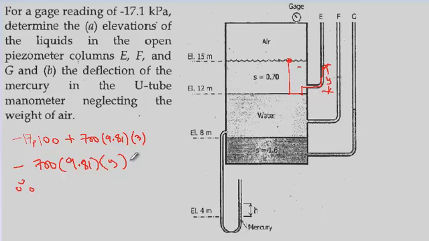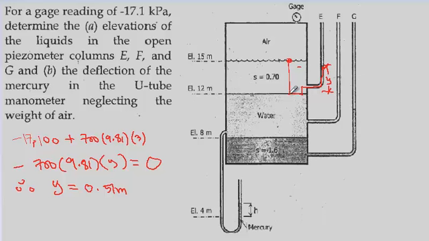It is equal to the pressure at this tip, which is 0, because this piezometer is exposed to the atmosphere. Therefore, y is 0.51 meter, and therefore this elevation will be what?